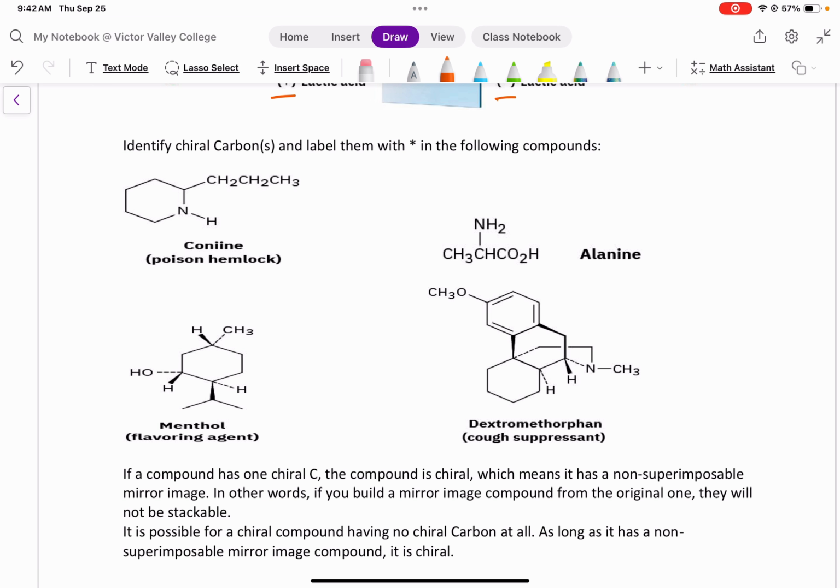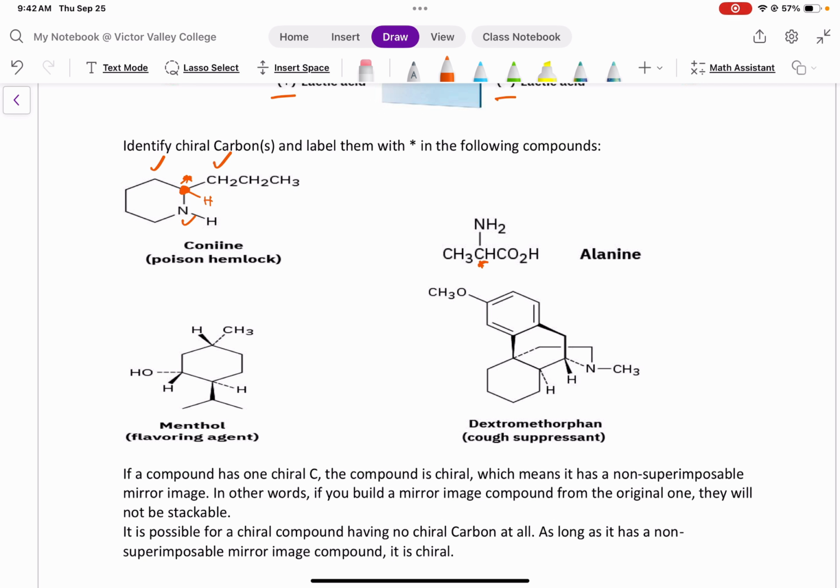CH2, not chiral. But when you get to that one, it is chiral, okay? Because you look at that one, nitrogens, and there must be a hidden hydrogen there. That's four different things, so that's chiral.